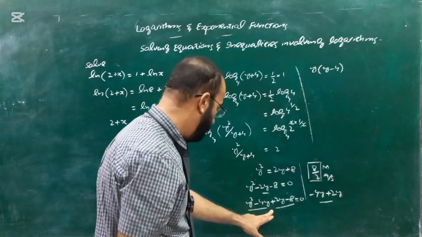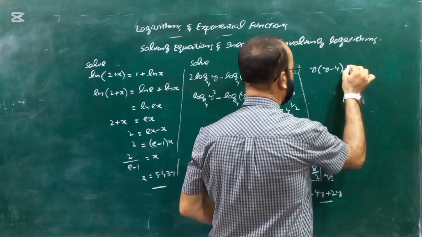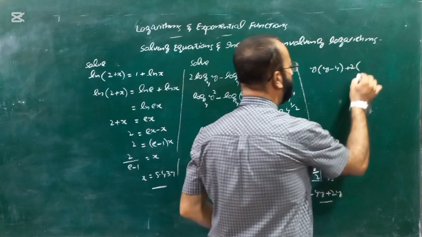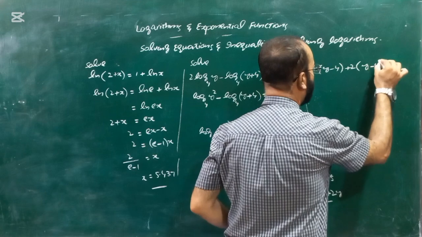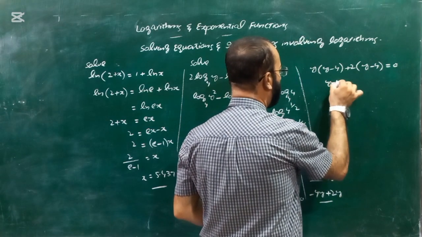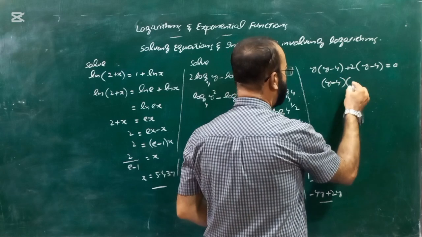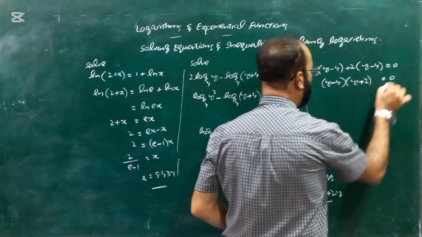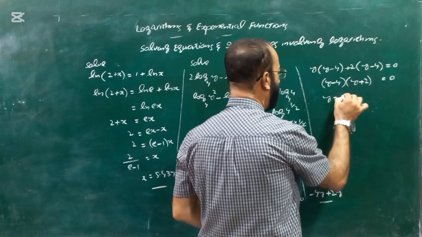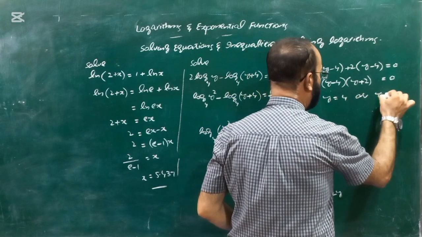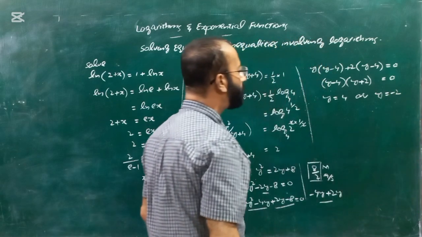In the second pair plus 2 will be common, and the remainder will be y minus 4, equal to 0. The same bracket will be copied one time, and the values outside the bracket will be written in the second bracket. From here y is equal to 4 or y is equal to minus 2.